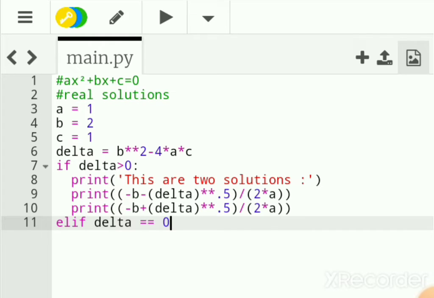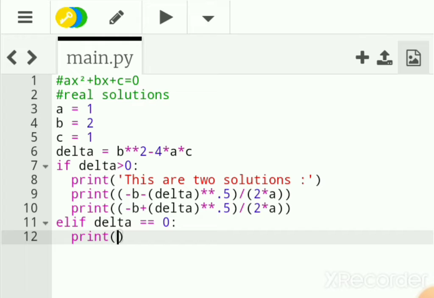If delta is equal to 0, we will print to the user that there is just one solution.